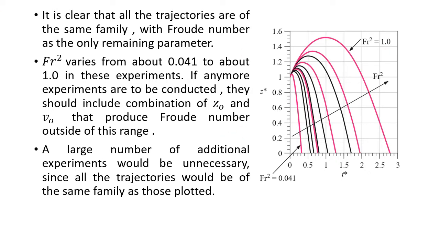So what we can understand from this example is that instead of conducting the experiments for so many numbers, we can non-dimensionalize the terms and conduct very few experiments and get the same results. So that is one of the advantages of non-dimensionalizing the terms.